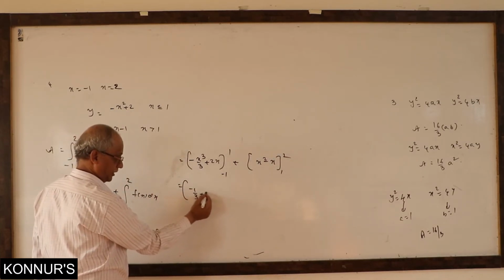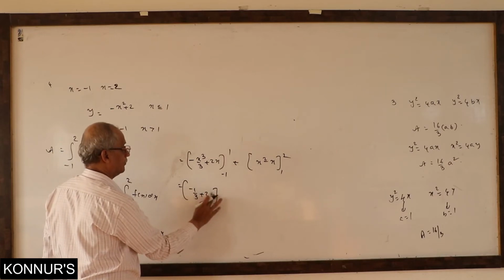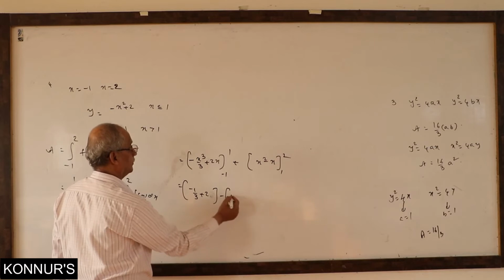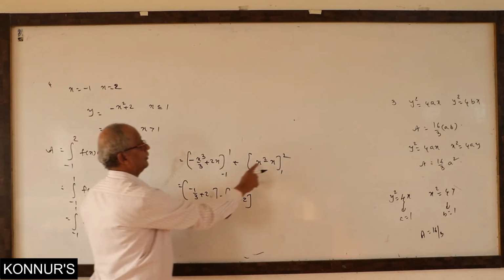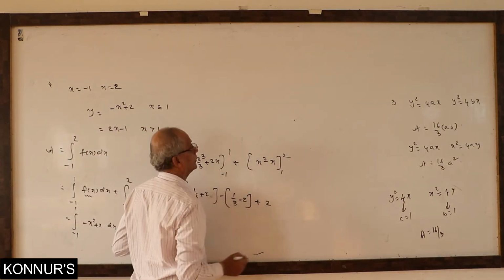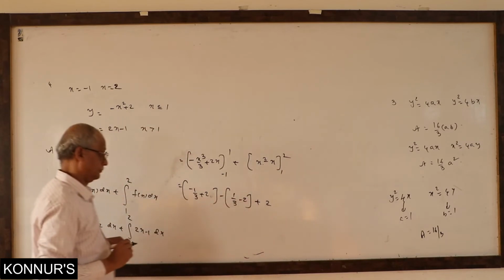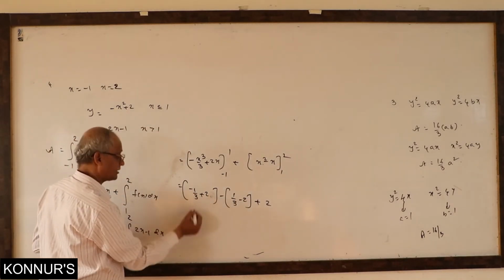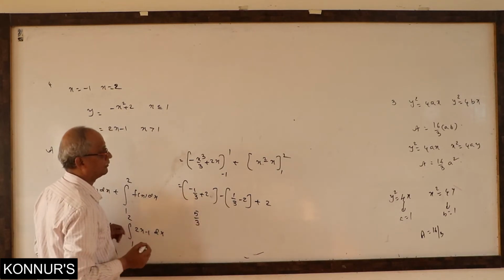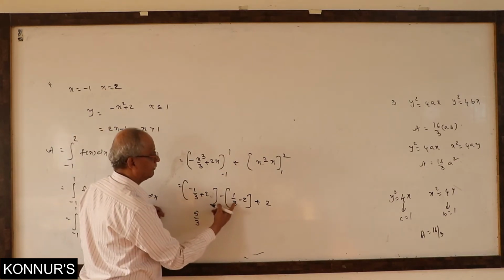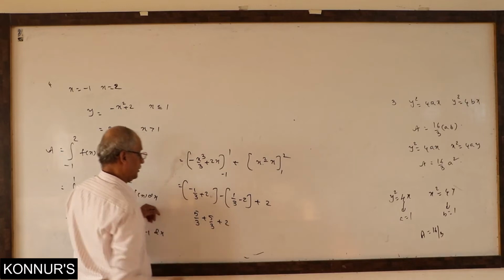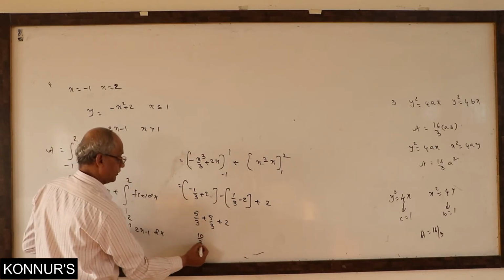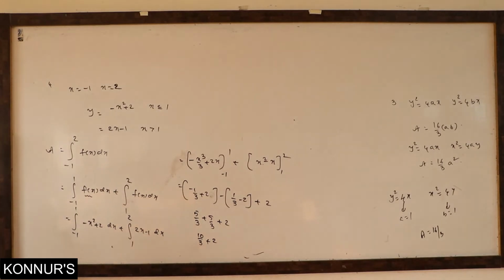Minus 1 by 3 plus 2, minus of 1 by 3 minus 2, that is 10 by 3; here 4 minus 2, minus 0, that is 2. So 10 by 3 plus 2 is 16 by 3. That is the first option.